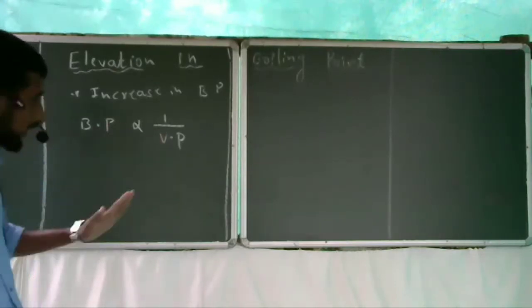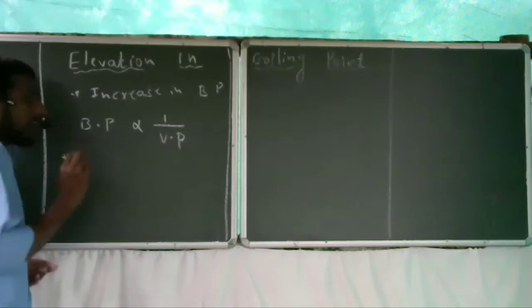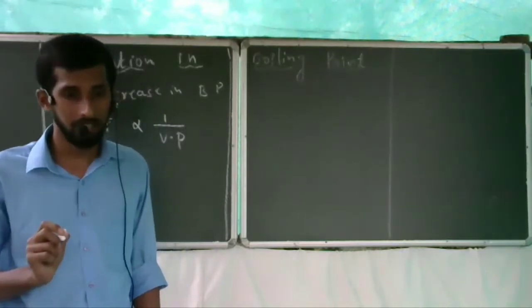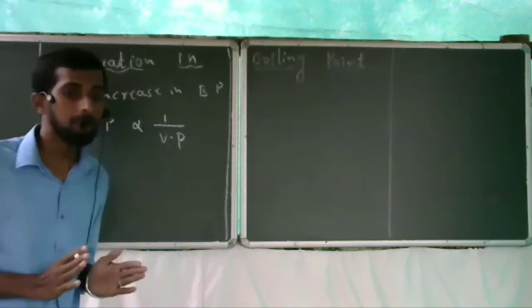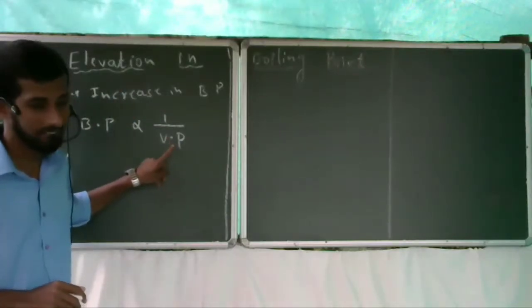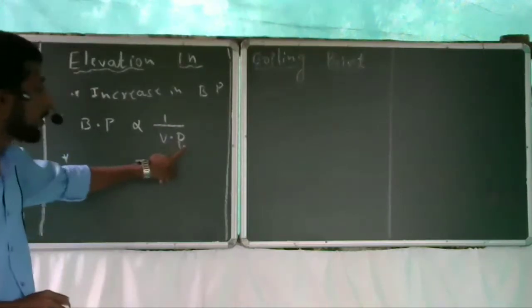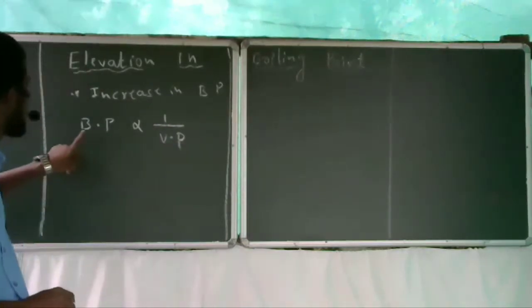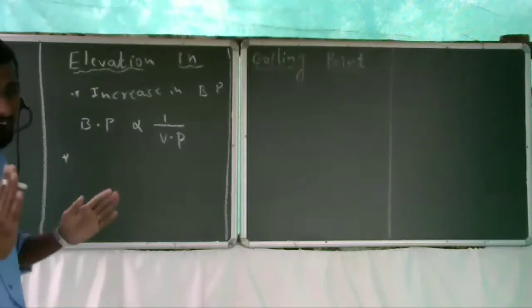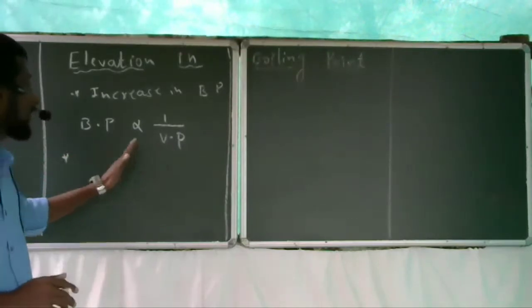So if vapor pressure decreases, then what happens to the boiling point? Boiling point should increase. That is the relation between vapor pressure and boiling point.